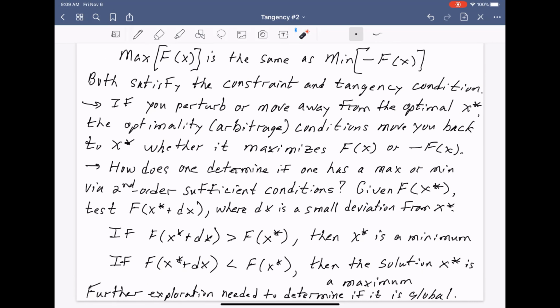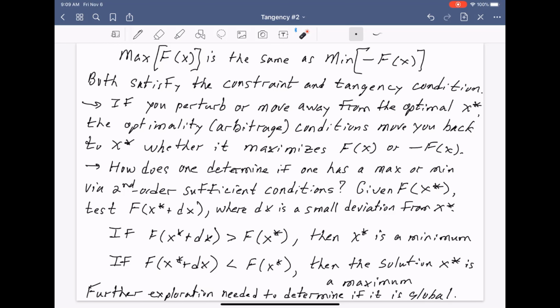Further exploration of the data may need to be done in order to determine if you actually have a global maximum or minimum. You can think of it as a bit of a wave function. Some points are going to be higher, some lower, and through this tangency condition and the constraint condition, you find all of those turning points. Some are going to be minimums, some maximums, and some maximums will be higher than other maximums.